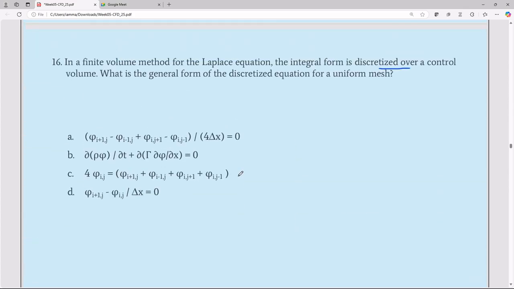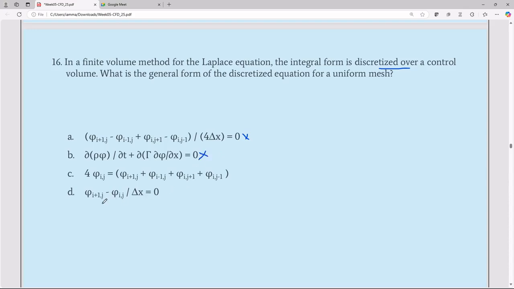Also, if you look at the other options, in one of them the phi at i comma j term is missing, so this is wrong, and it is not a discretized equation.